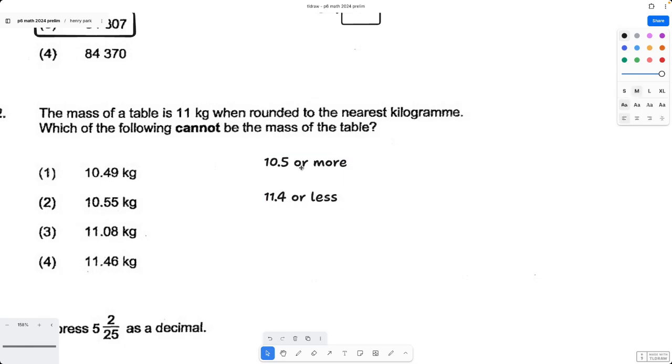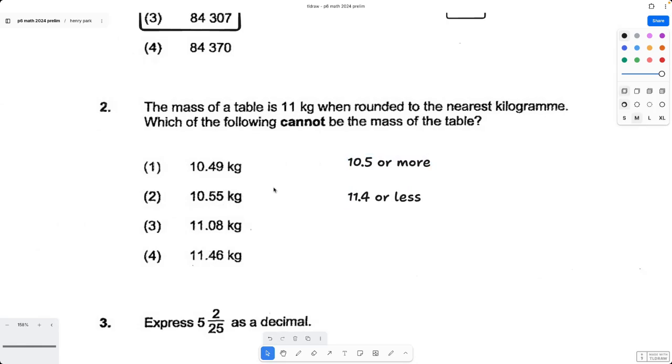So these are the two numbers that we're looking for. I think the first answer already says it all. For the rest, you could see that this is correct except for option number 1. Okay, let's move on to the next question.